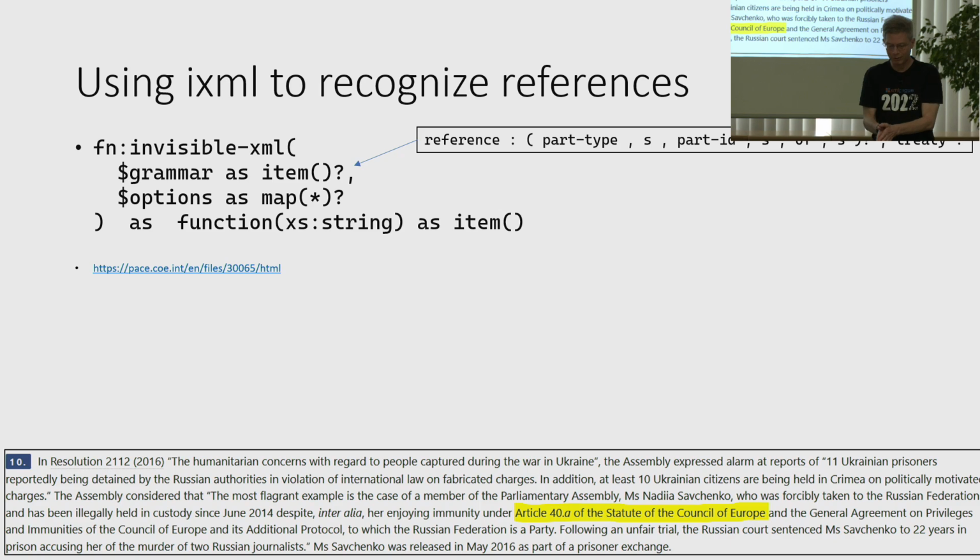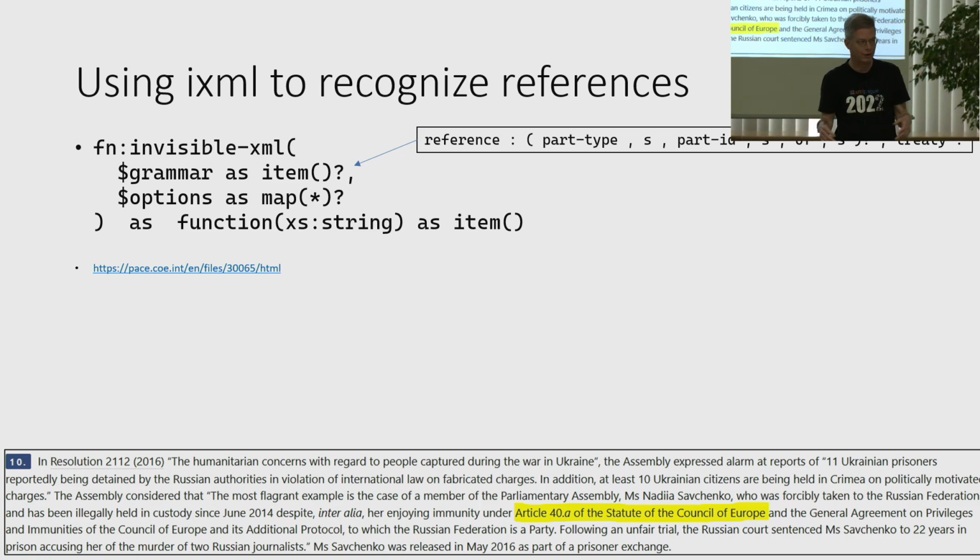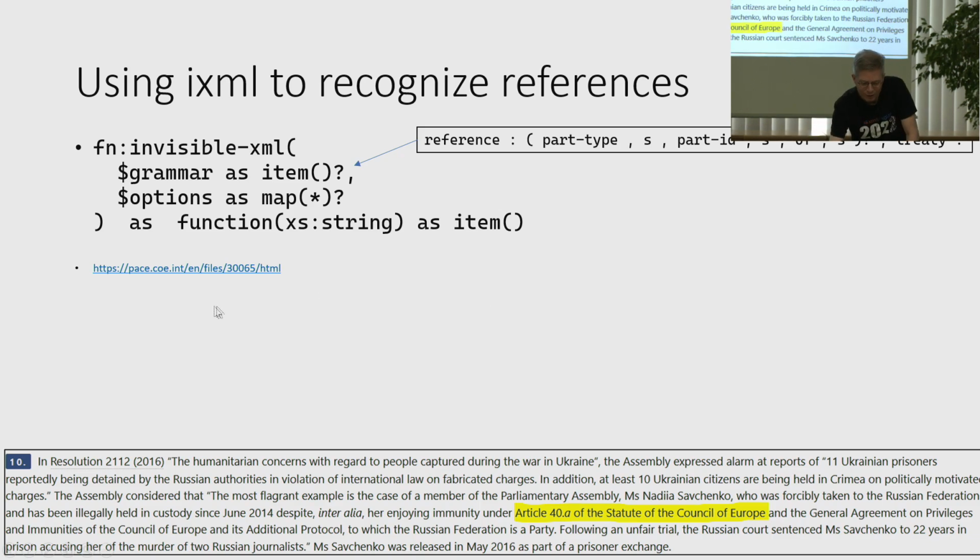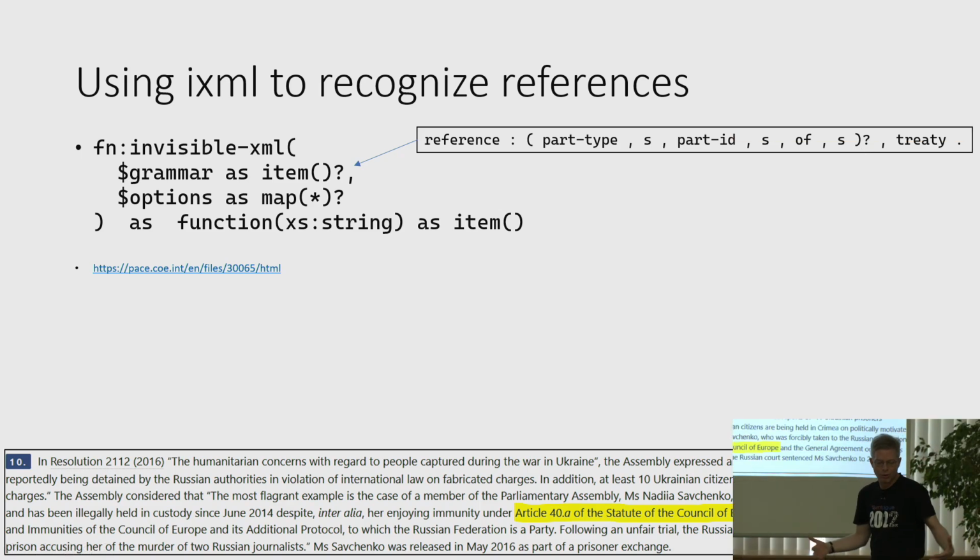Some spaces, then an "of the" part, but it could be any number of phrases, some spaces, and then in this case a treaty. It could also be a law or something else. In this case it's a treaty, the Statute of the Council of Europe. And the first part is optional. So a reference could just be a treaty if you want to refer to the whole treaty.